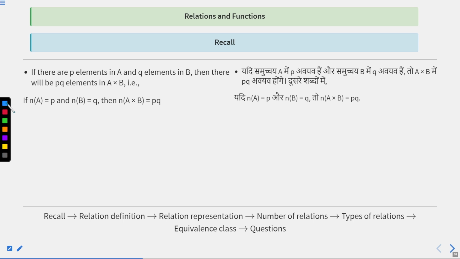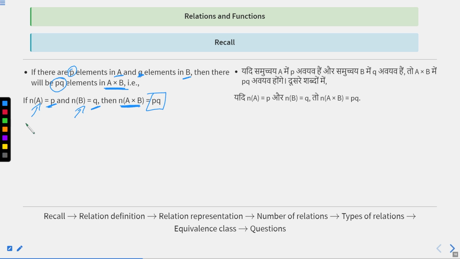Now, if P is the number of elements in set A and Q is the number of elements in set B, then there will be P times Q elements in A cross B. In other words, the total number of elements in the Cartesian product of A and B will be P times Q. How are we saying that?